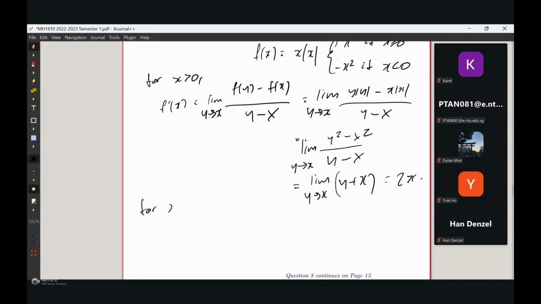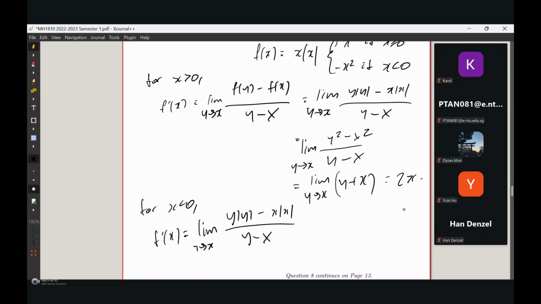If x is less than 0, same thing here: f prime x is equal to the limit of y approaching x of y absolute of y minus x absolute of x over y minus x. But this time, because x is less than 0, when y approaches x, y is also less than 0.